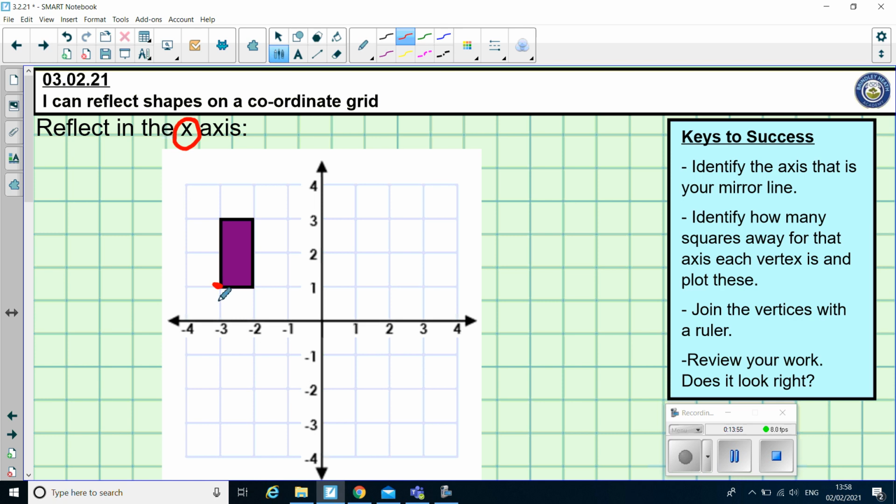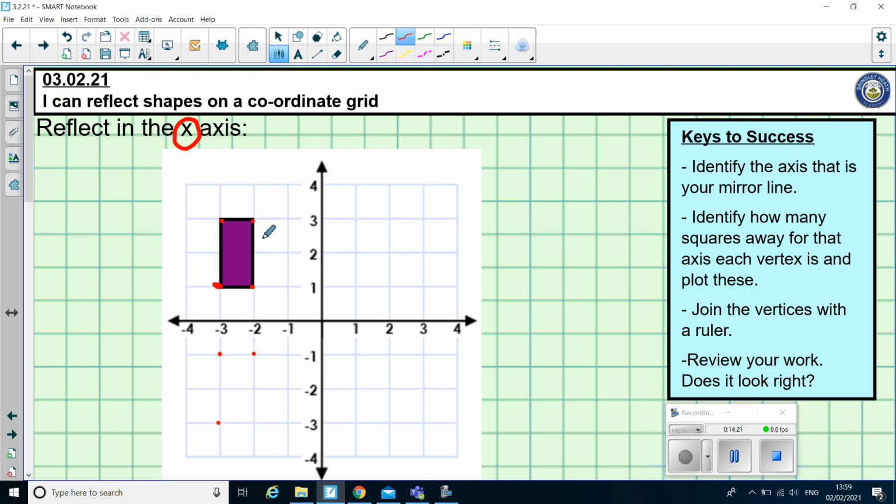Now this vertex here is 1 square away from my axis, so it's going to be 1 square away from my axis over here. This vertex is 1 square away, so it's also going to be 1 square away from my axis. This vertex up here is 1, 2, 3 squares away, so it's going to be 3 squares away in my reflection. 1, 2, 3.